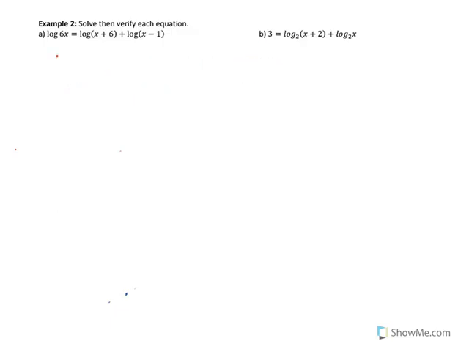We have 3 equals log base 2 of x plus 2 plus log base 2 of x. So first of all, the thing that I'm going to want to do is make it all have the same bases. So I want to rewrite 3 as a log base 2. So I'm going to say log base 2 of what equals 3.